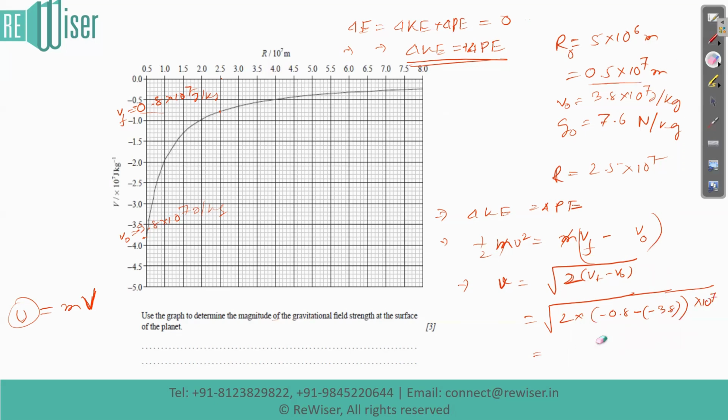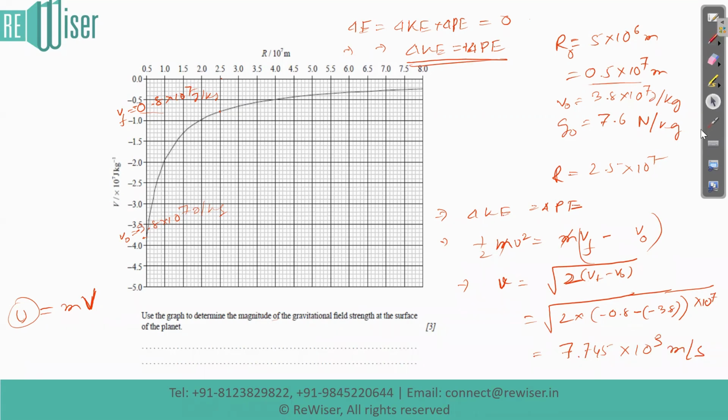Minus minus becomes plus. So root 2 into (minus 0.8 plus 3.8) into 10 to the power 7. We are going to get 7.745 into 10 to the power 3 meters per second.